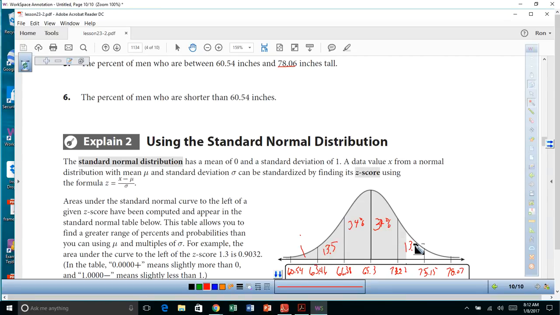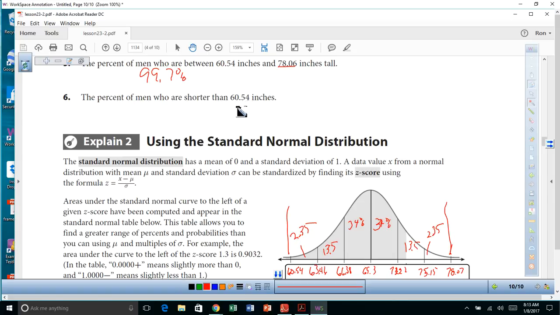That's 13.5%. And then from here to here, 3 standard deviations we know is 99.7%. And that's 2.35. I should have put that in there. The percent of men who are shorter than 60.54 inches.